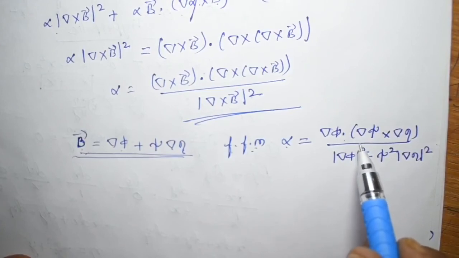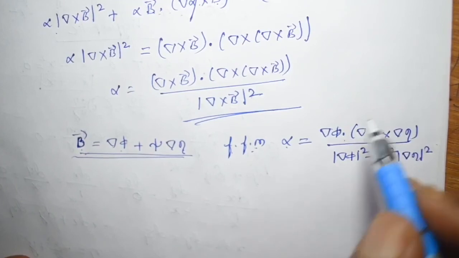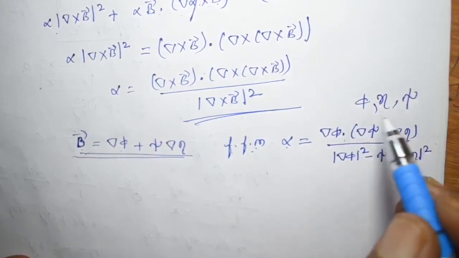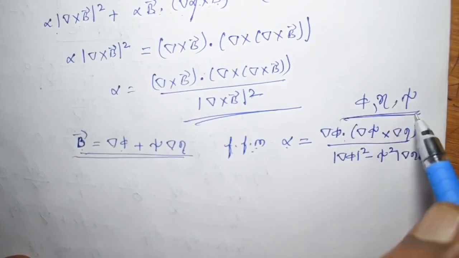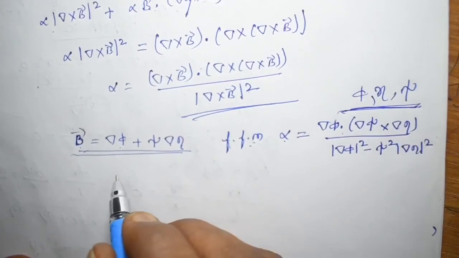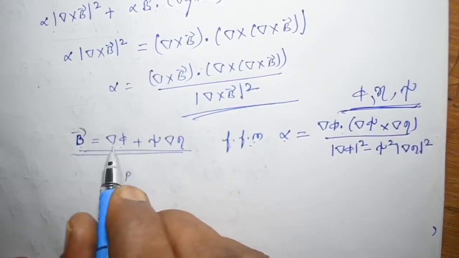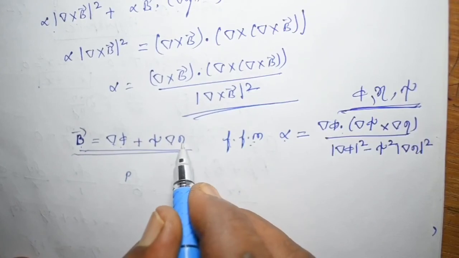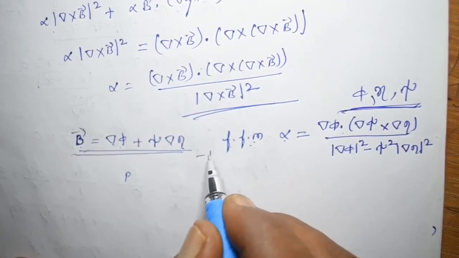Where phi, eta and chi are arbitrary scalars. Now, we have to prove B is equal to gradient of phi plus chi into gradient of eta. Call this equation 1.